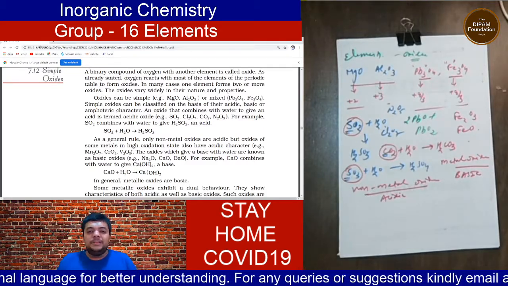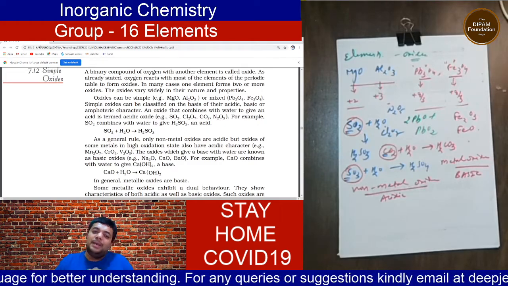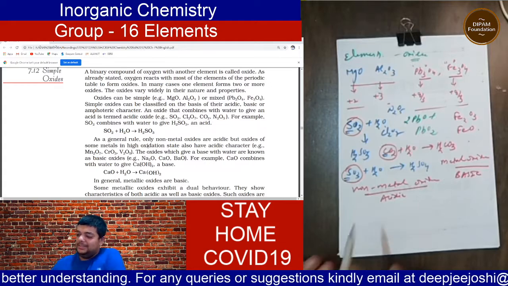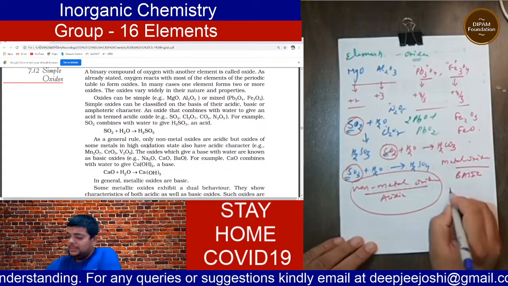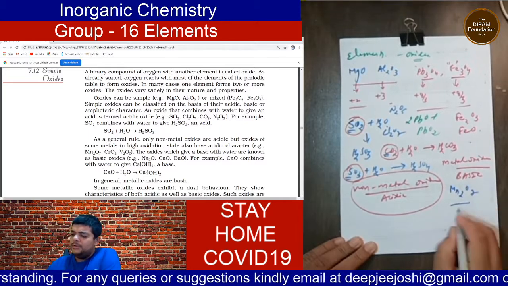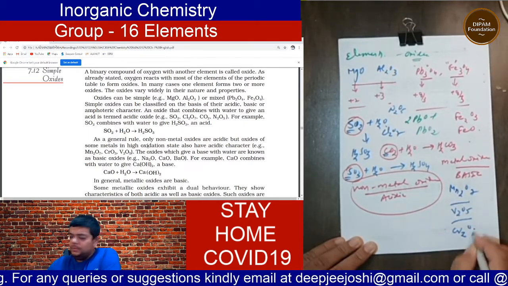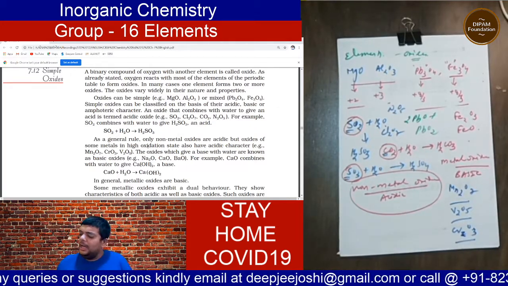SO3 plus H2O gives H2SO4, sulfuric acid. And very important, CO2 plus H2O gives H2CO3, carbonic acid. So all these, SO2, SO3, CO2, even Cl2O7, N2O5, are acidic oxides.